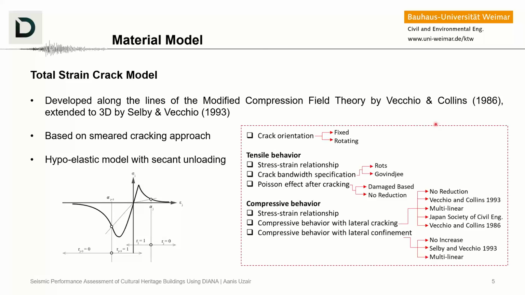The total strain-based crack model was originally developed along the lines of the modified compression field theory, and this was later extended to 3 dimensions by Selby and Vecchio in 1993. The model is a smeared crack approach, which typically means that in the continuum, the stress is evaluated in the directions given by the principal crack orientation.